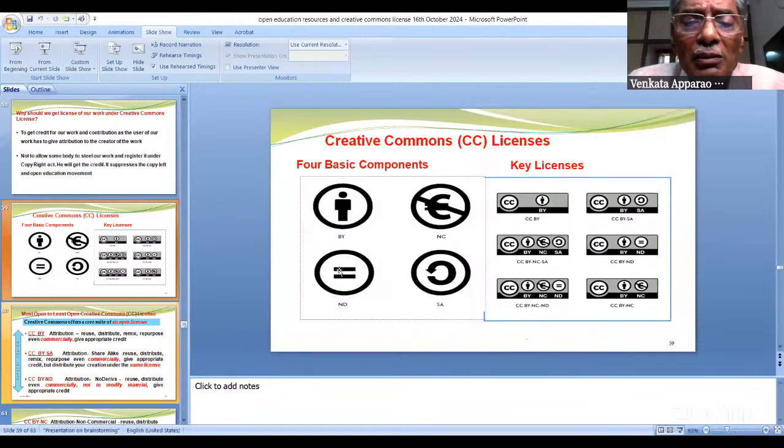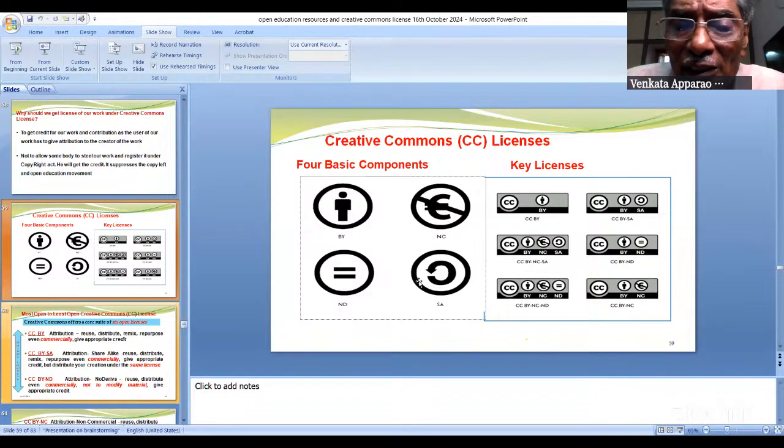Within the circle, there is an equal to symbol. That means you cannot modify the video, the article, the image, or the picture. It stands for ND. ND means no derivatives.